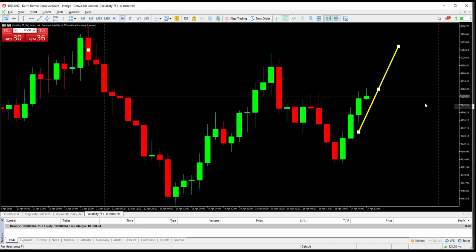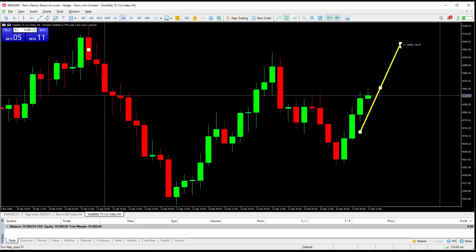Our task is to determine whether the price is going to rise from this white line. The current price is indicated by this current candle, the short green one being formed.